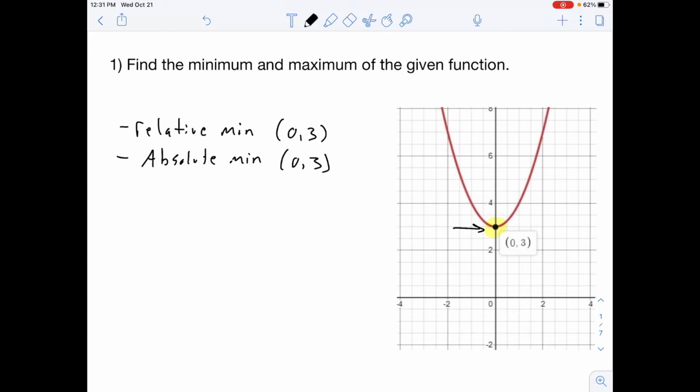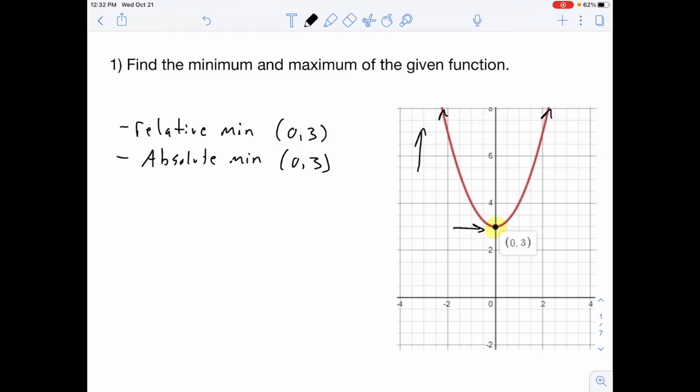And because within any interval, this has a dip, it goes from decreasing back to increasing, so it has a minimum value as a relative min. So all absolute mins are relative mins, but not all relative mins are absolute mins, if that makes sense. So again, this low point here, while it's a relative min, it's also the lowest point, so it is an absolute min.